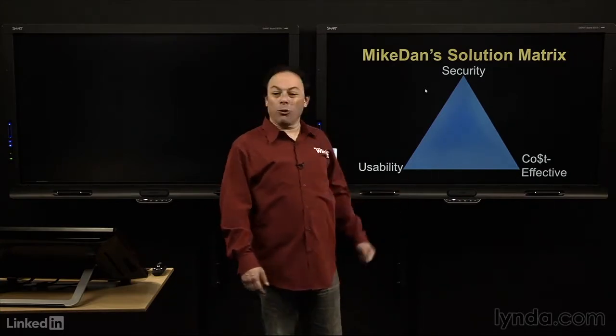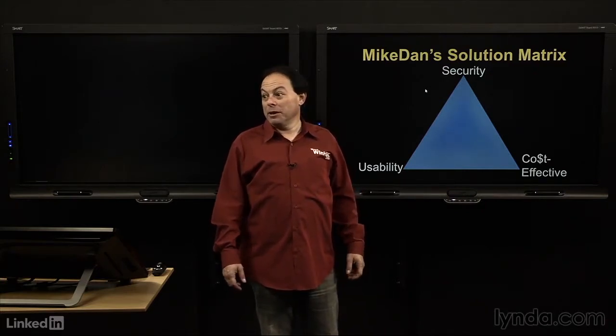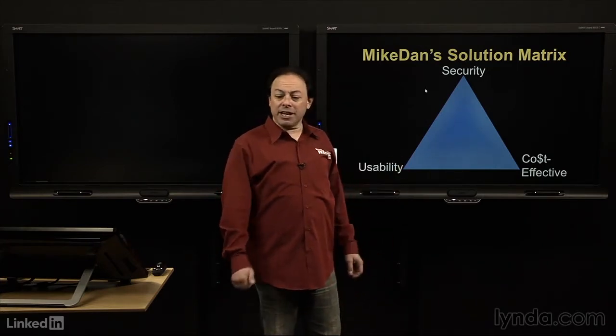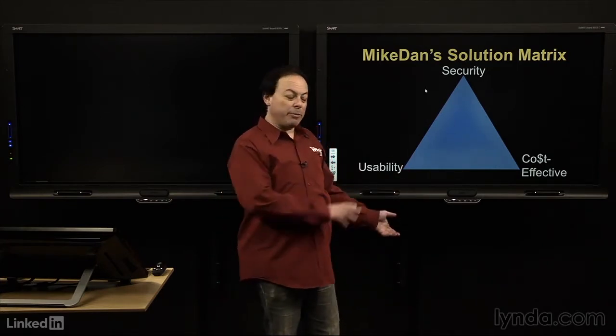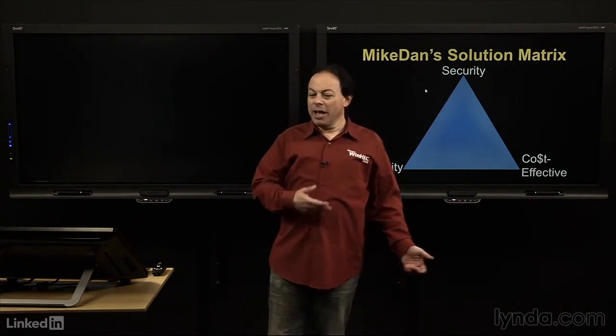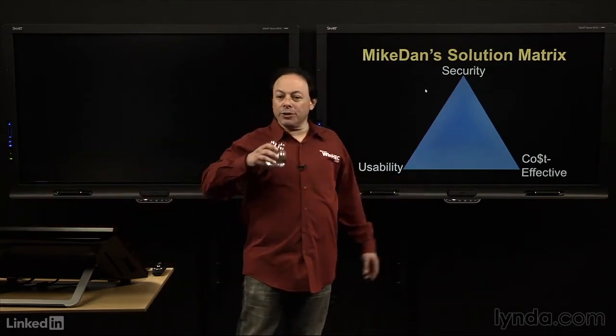That's great. It's a horrible usability scenario for some people, for most people, but for others it might not be that bad. So it's very context sensitive. It's very much so based on your users, where your environment is, what kind of requirements you have, as to where a solution will actually map on this matrix.